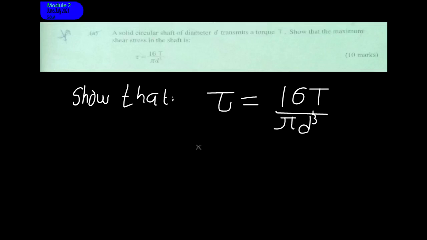So we want to prove that tau equals 16T over pi d cubed.